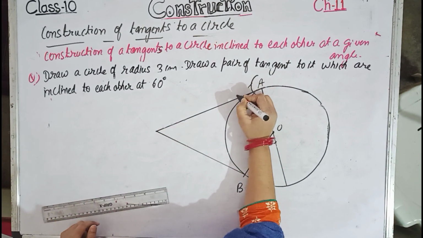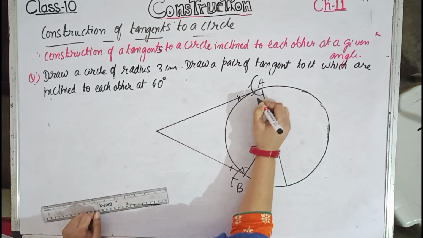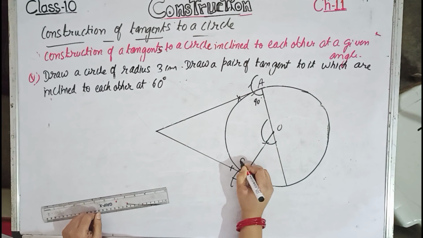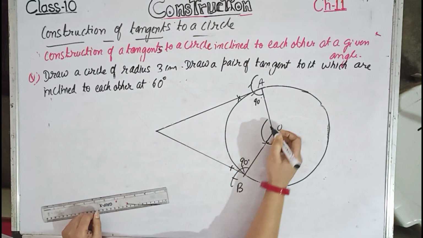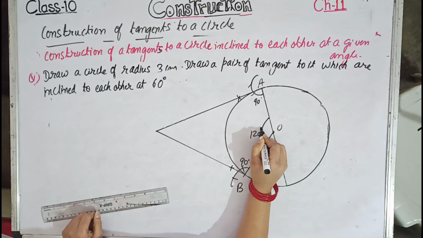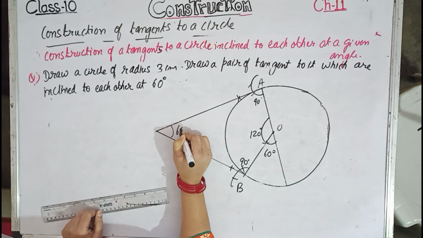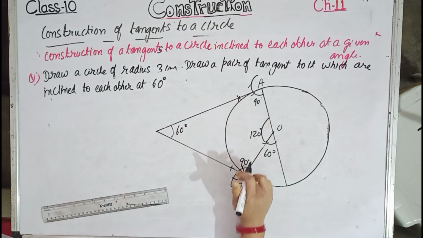So wherever you will do, you will be getting 90 degree over here. So here we have drawn 90 degree, here also we have drawn 90 degree. Now clearly, since this one is 60 degree we have drawn, this will be 120 degree. So using angle sum property of a quadrilateral, you will be getting over here 60 degree.